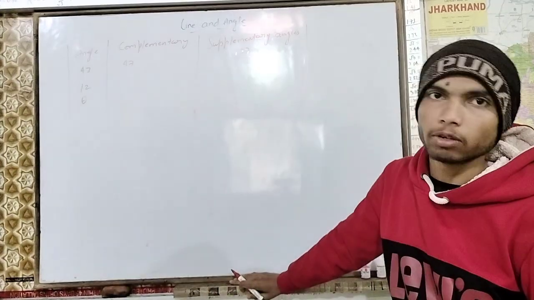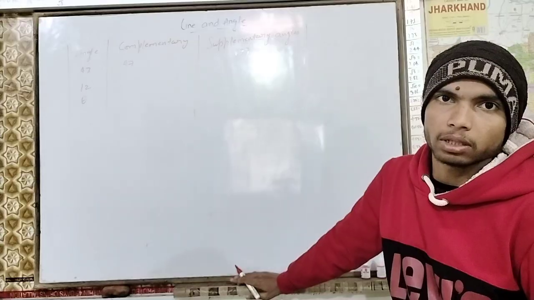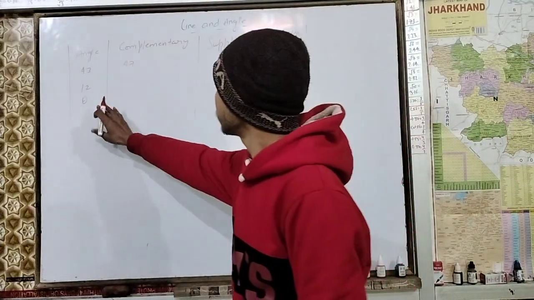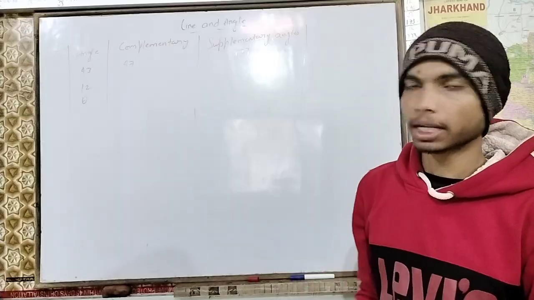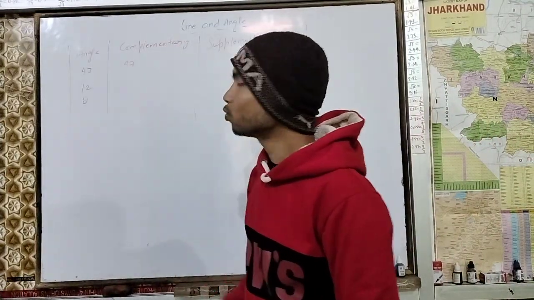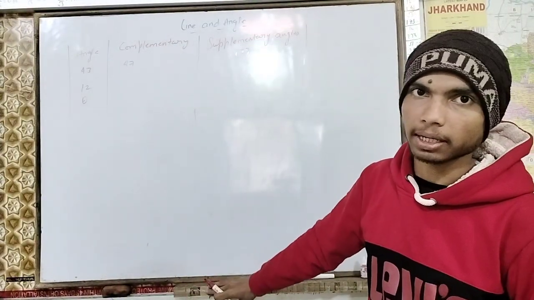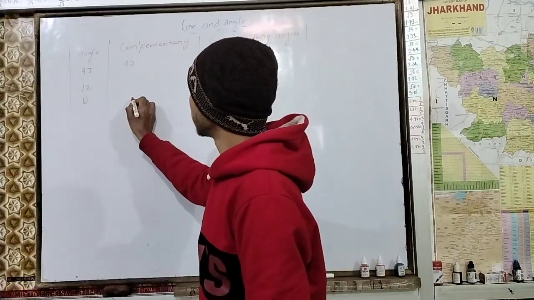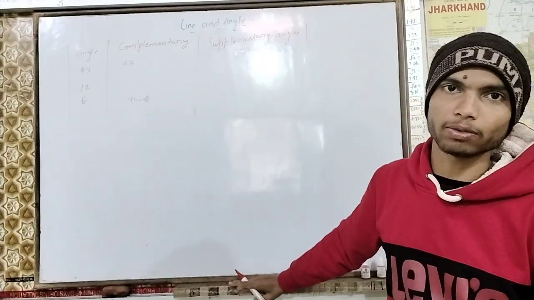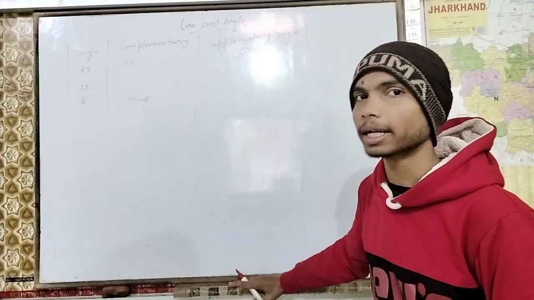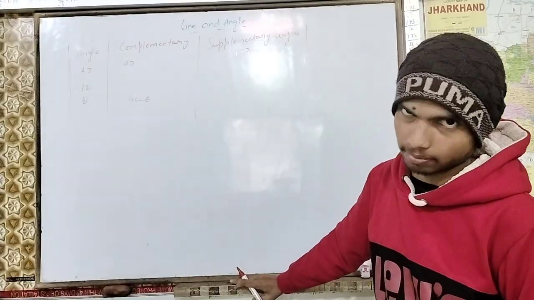So complementary would be 90 minus 12. When theta is any number, how do we calculate the complementary angle? The formula is simple: 90 minus 12. This is the formula for calculating the complementary angle. Here the angle is given.